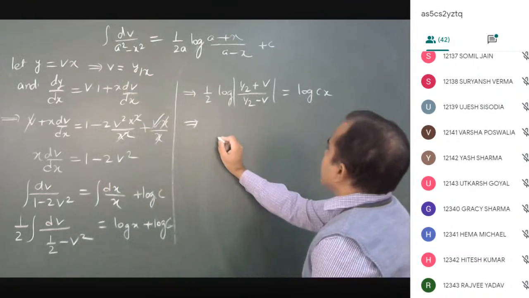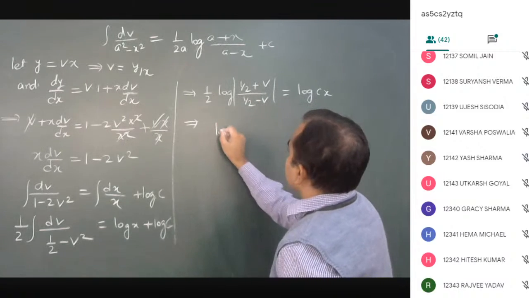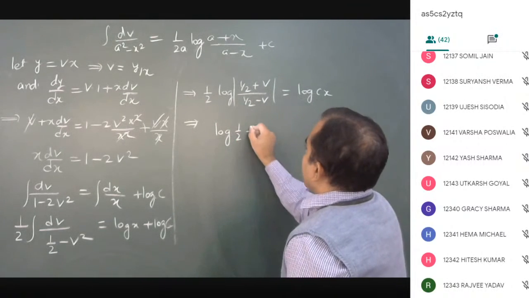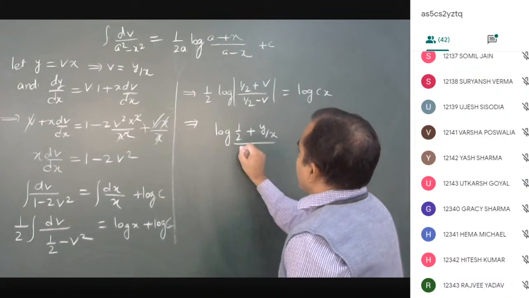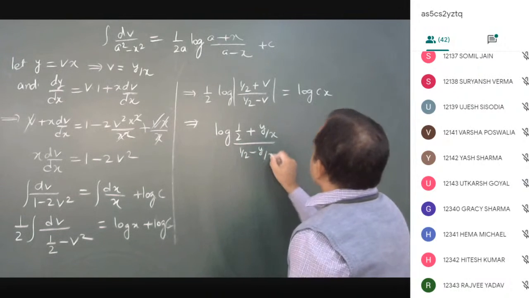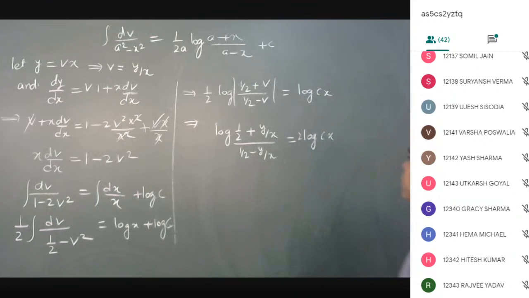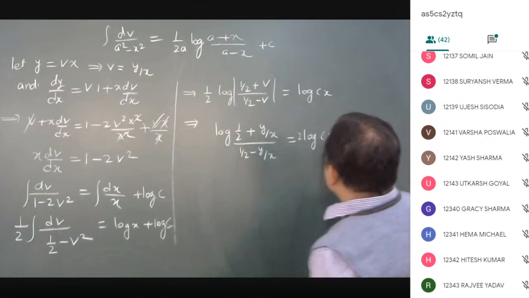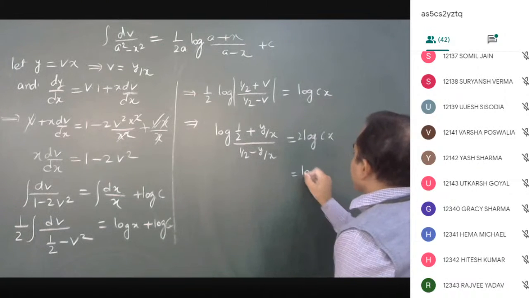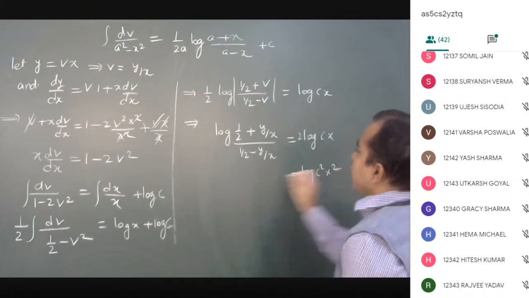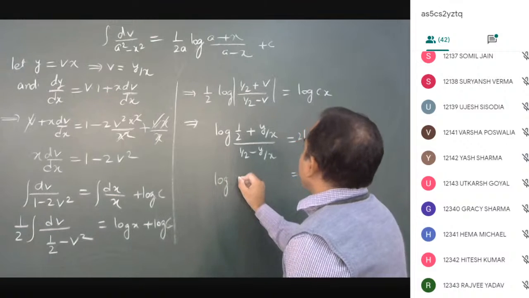So this will become, I shift half to the right hand side, log half plus y upon x upon half minus y upon x, and this will become 2 log cx. So there is no harm in sending this 2 as exponent. So this will become log c square x square.